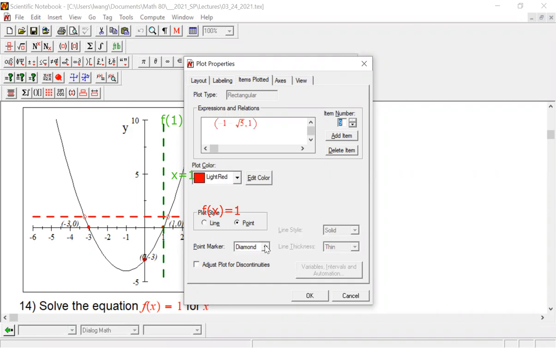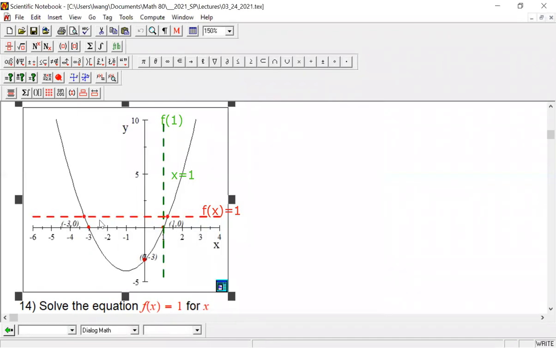The dot might be better. Can you see the 2 red dots? Can you mark these 2 points?